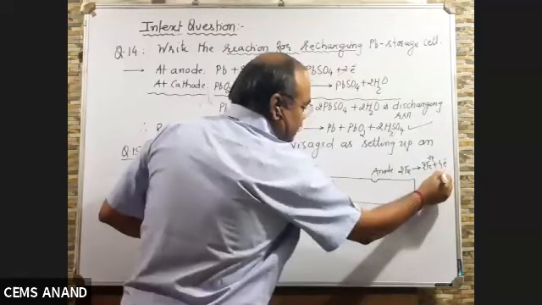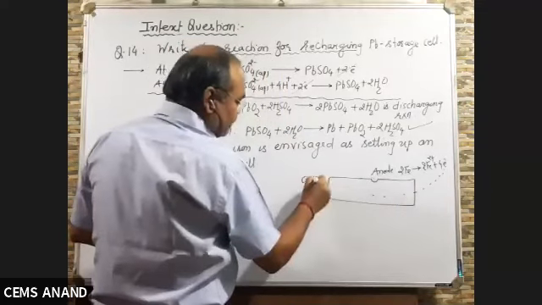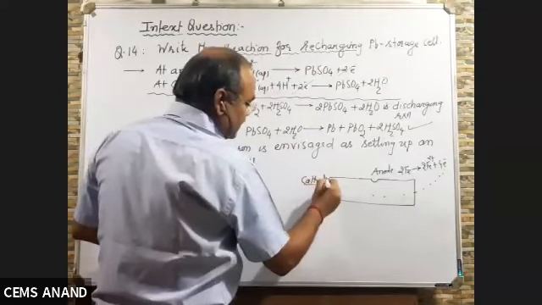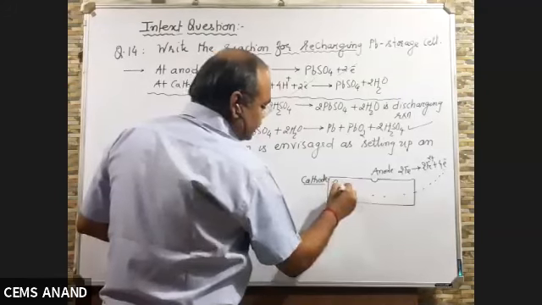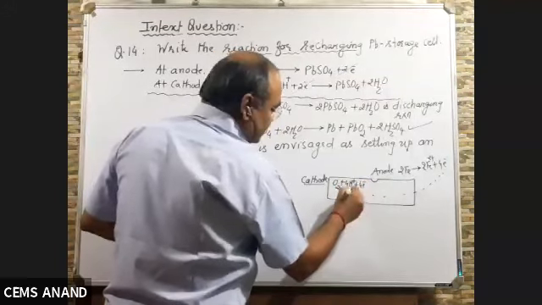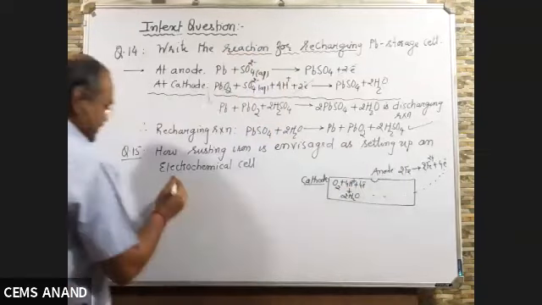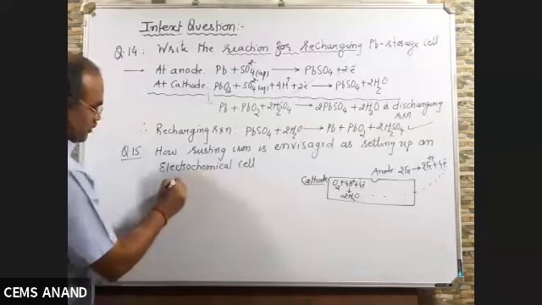This electron will move to such a place, you can say cathode, where it can reduce oxygen of air with H plus by 4 electron and gets converted to 2H2O. So these reactions are setting up the electrochemical cell.